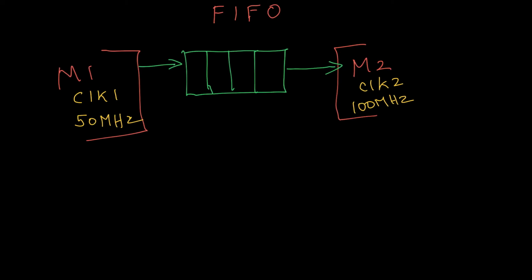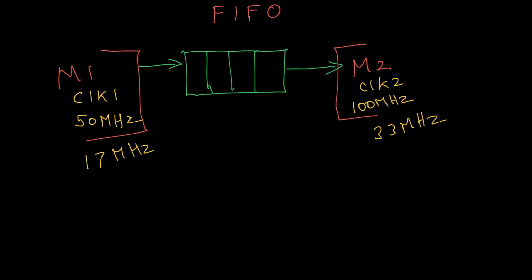Even when you have two very independent clocks, say this is at 17 megahertz and this is at 33 megahertz, you can still transfer data from M1 to M2 without any drop in data and at the maximum possible speed.